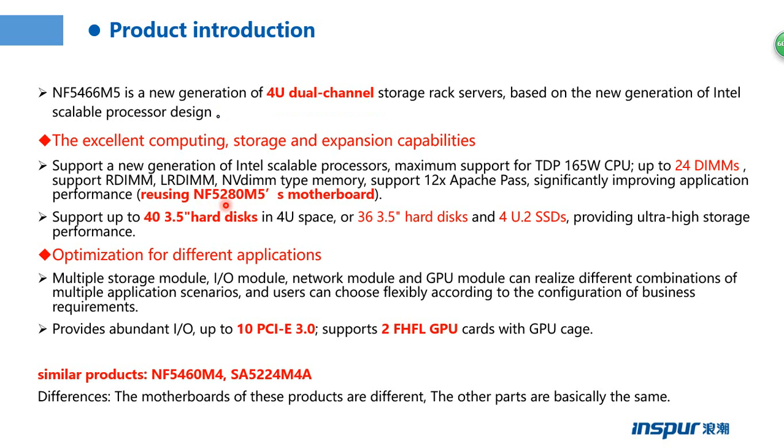It can support up to 14 hard drives, and the motherboard of this server is the same as the NF5280M5 server, and the architecture of the new product is similar to the NF5460M4 and SA5224M4A server.